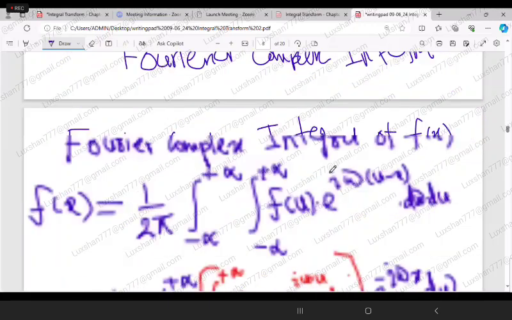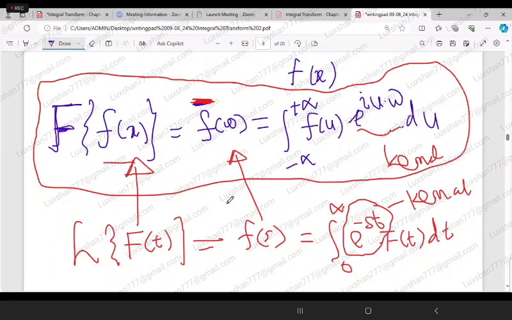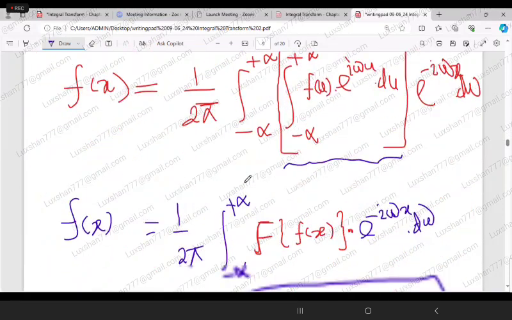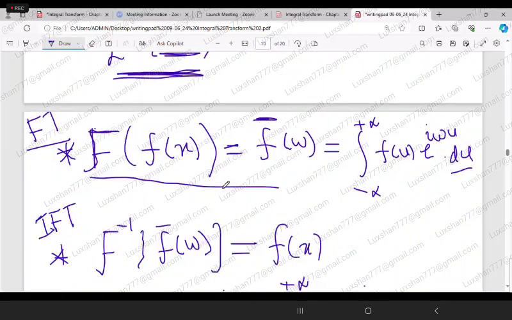We split it into two parts, and we define this as the Fourier transform of the function, and using the same idea, we define the inverse Fourier transform. Do you understand, students? Tell me whether you understand this or not. Do you understand up to now?